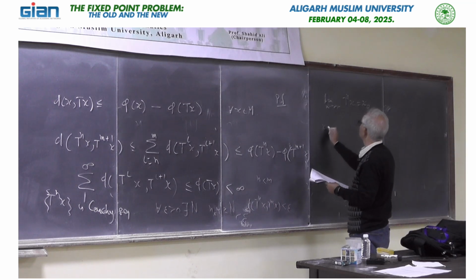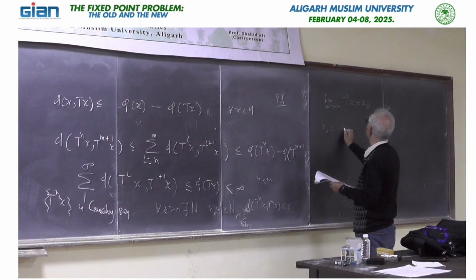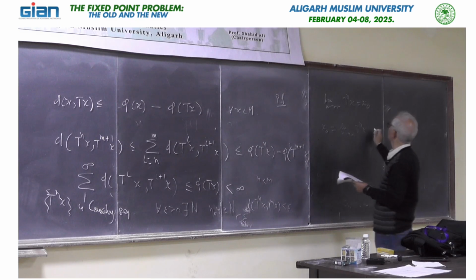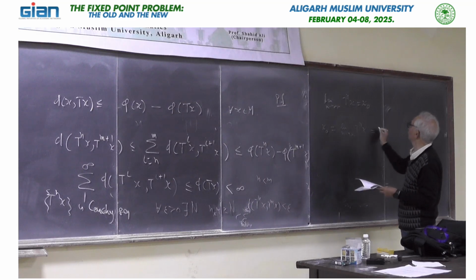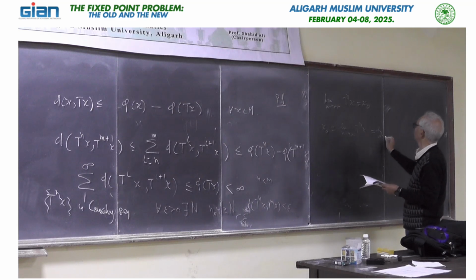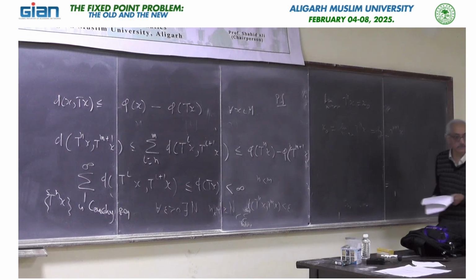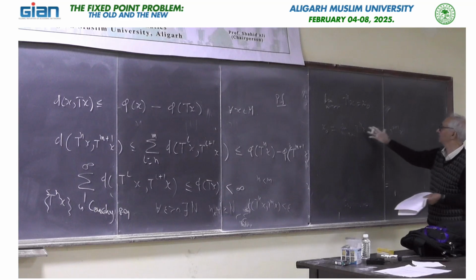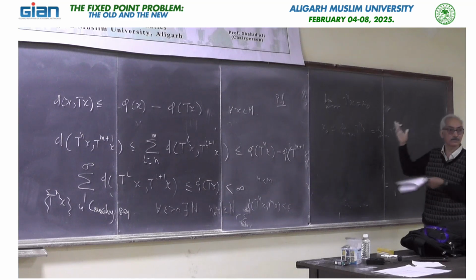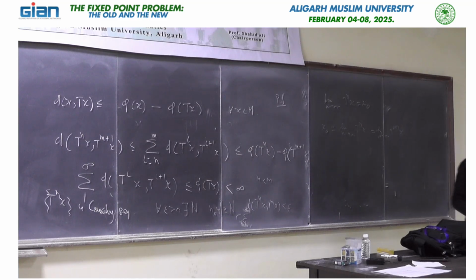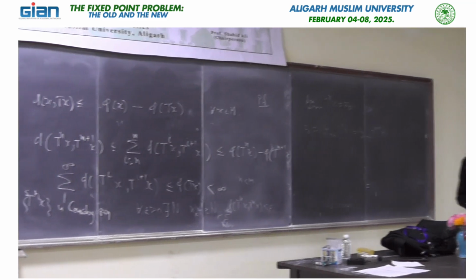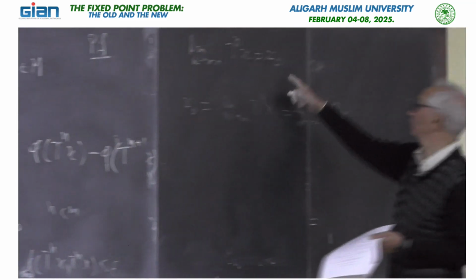Now here this x0 is actually the limit as n tends to infinity of T^n x, and that is also the limit as n tends to infinity of T^(n+1) x, because it doesn't matter which point you start, T^n or T^(n+1), they are going to the same point, x0 only.